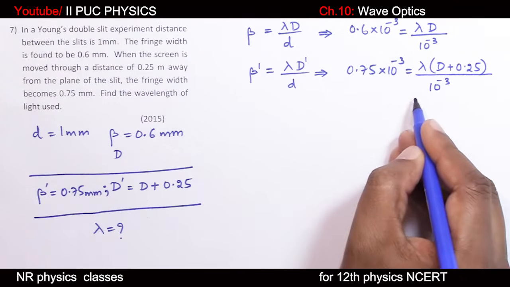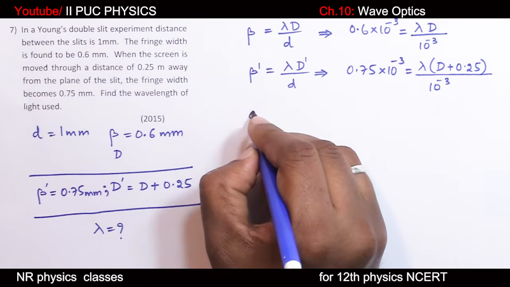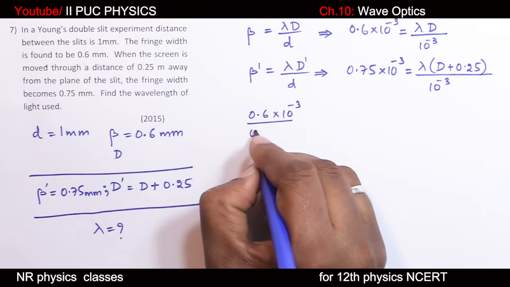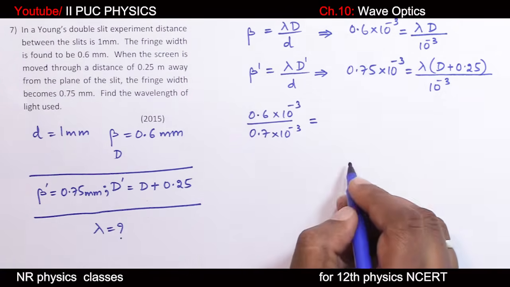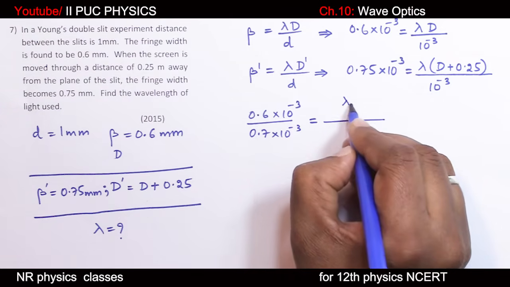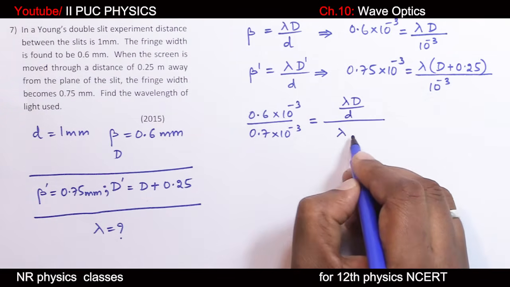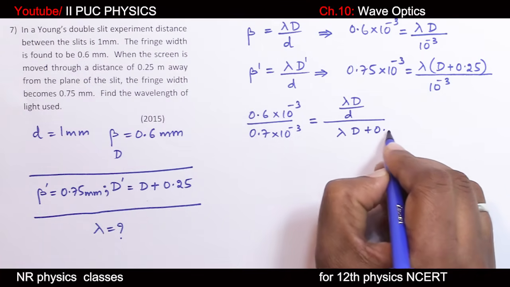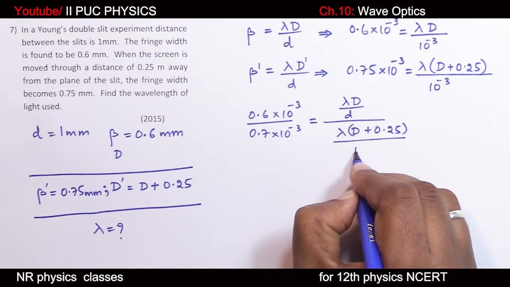Now divide one by the other. 0.6 × 10^-3 by 0.75 × 10^-3 equals lambda capital D by small d over lambda, capital D plus 0.25, by small d.